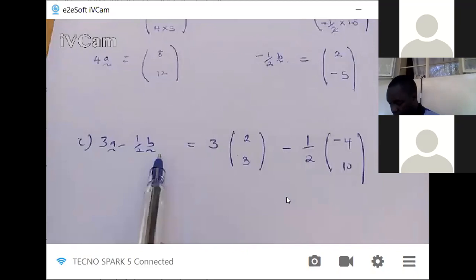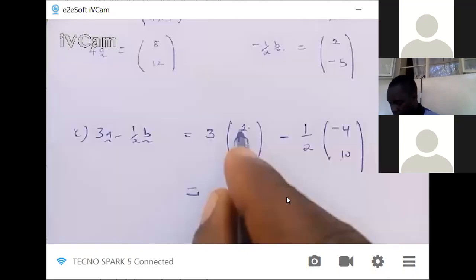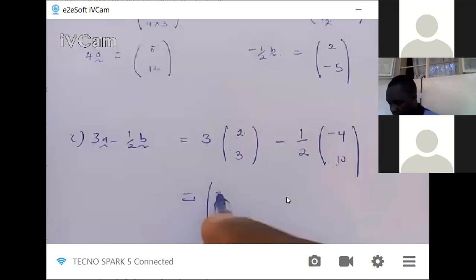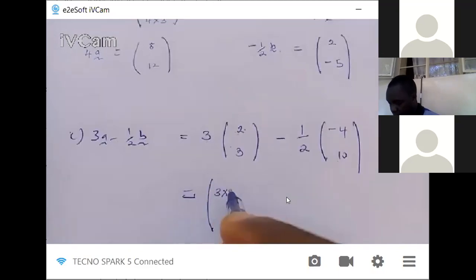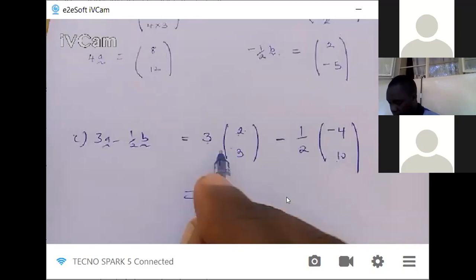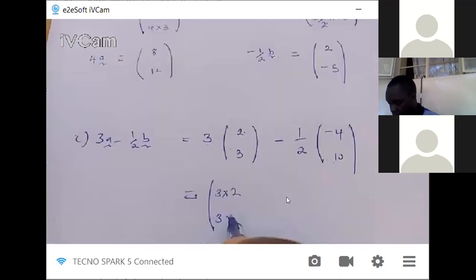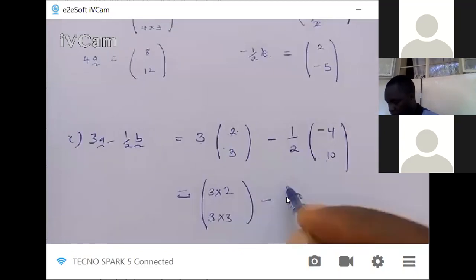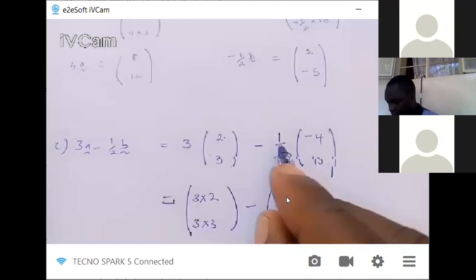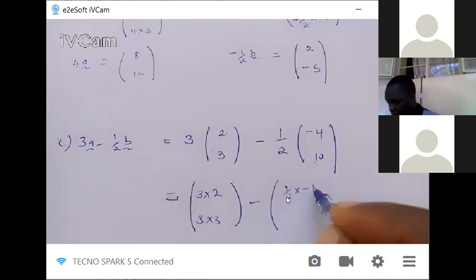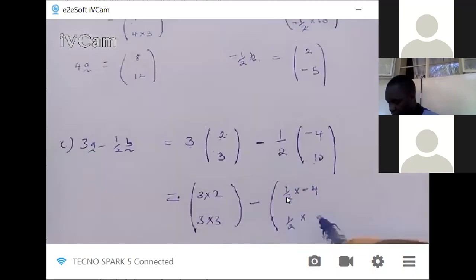So when we multiply there, we shall have, I write this step, but you may leave it, 3 times 2, 3 times 3 minus open brackets, a half times -4 and a half times 10.